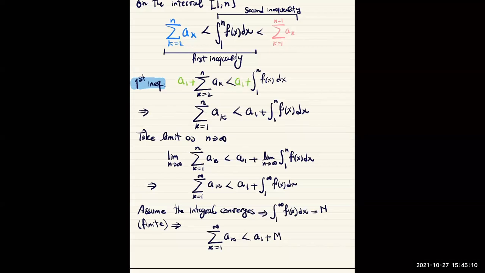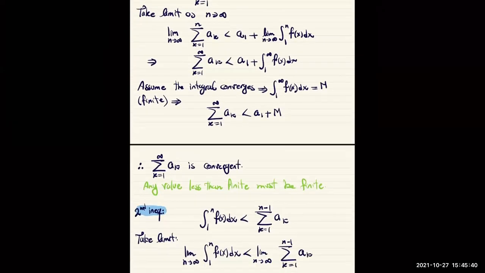So this says that if I were to add, say, 1,000 terms of the series, then the value of the series is going to be less than this expression. Again, you're getting an upper bound, and all you have to do is plug 1,000 here and integrate f of x, assuming you can integrate f of x.